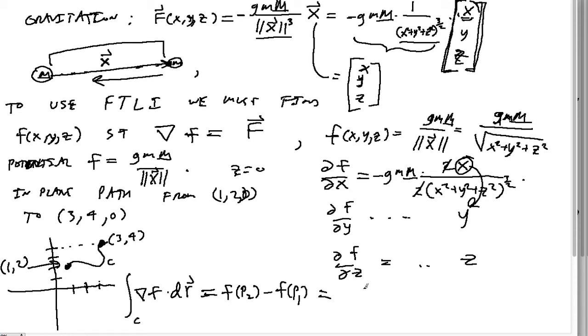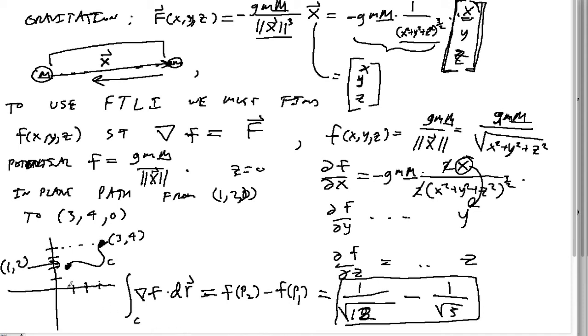That's going to be 1 over the square root of, we have to put a 3 and a 4 in there, so that becomes a 25. Sorry, minus 1 over root 5. So that's the answer. All we have to do is evaluate at the endpoints, and that's nice.